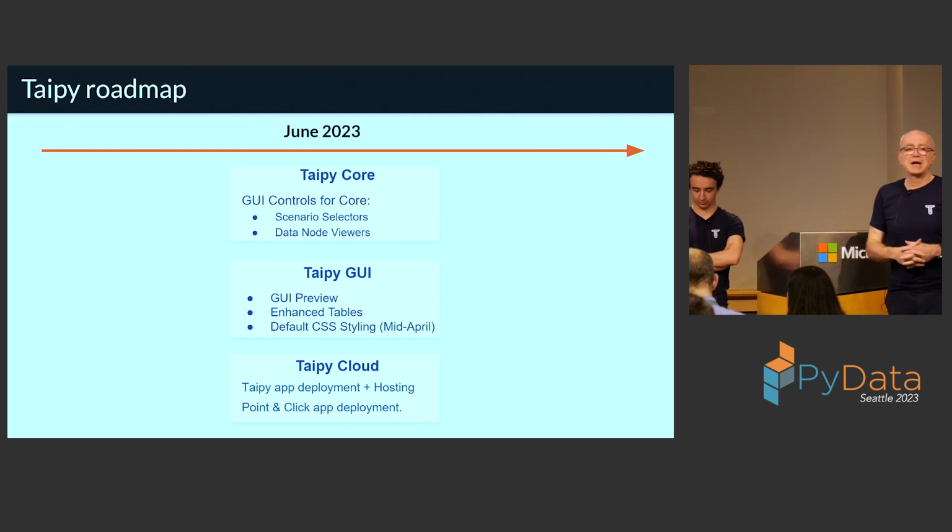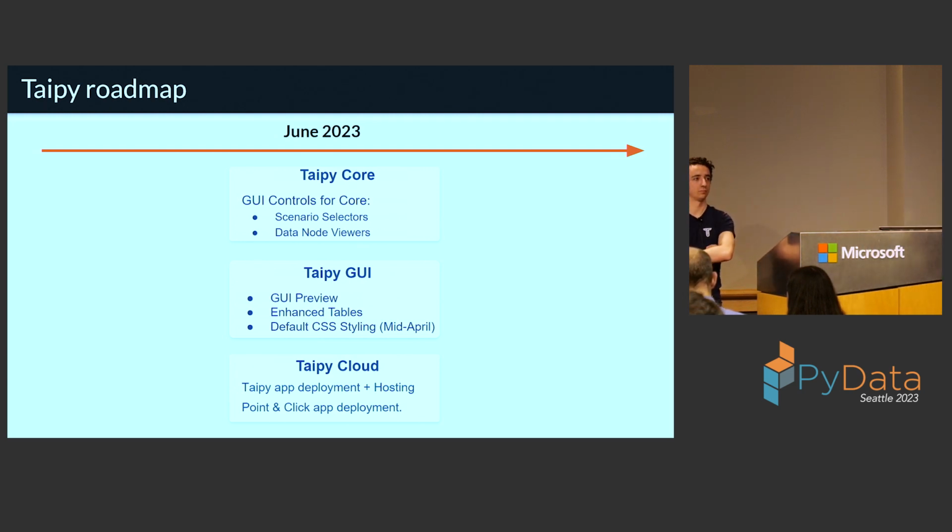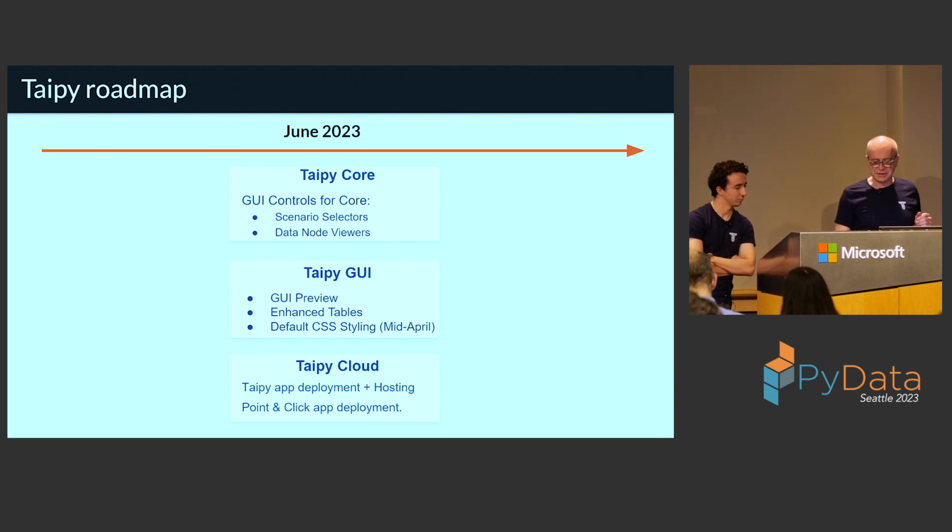And we are launching Taipy Cloud next week. For those of you interested, that will be free. You'll be able to upload your application and choose a machine. We have some examples of what it will look like.